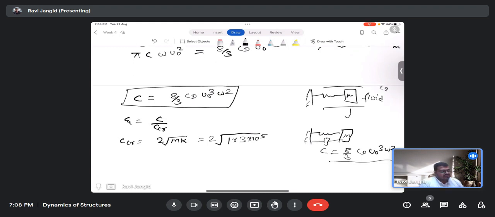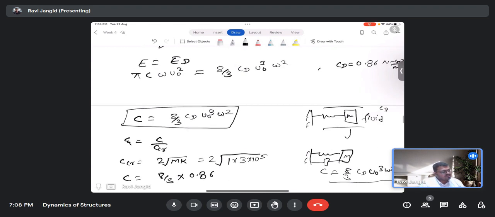Okay. And my C would be 8 by 3 pi into CD, which is 0.86 as given in the question, into u naught. I don't know what u naught is, so this will be a variable.